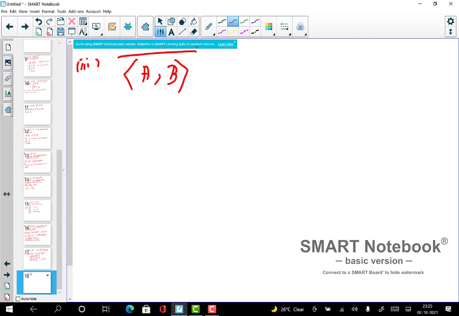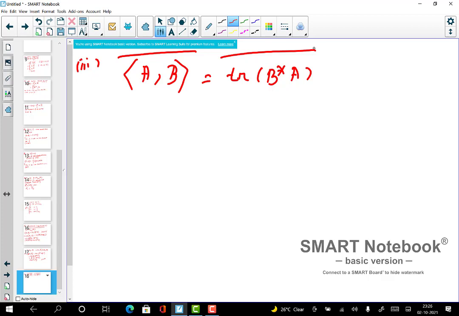By definition it will be the trace of B star A, whole bar, right? So you are taking first the product of B star into A, and then you are taking the trace.